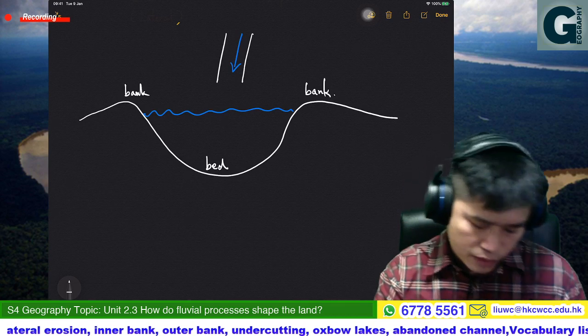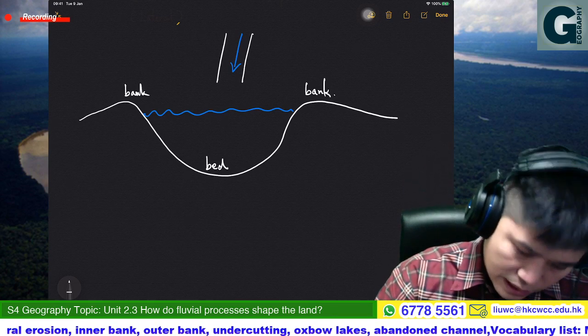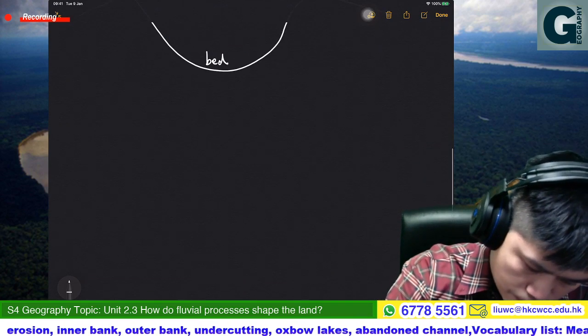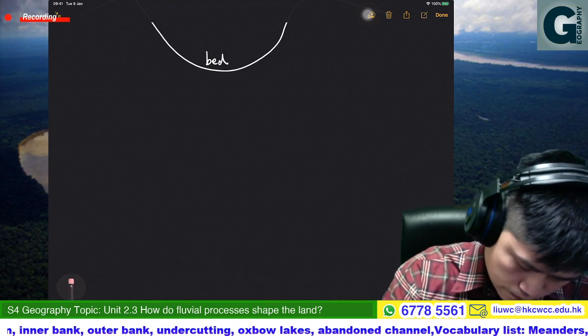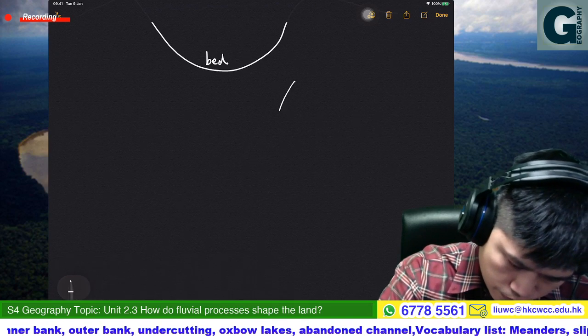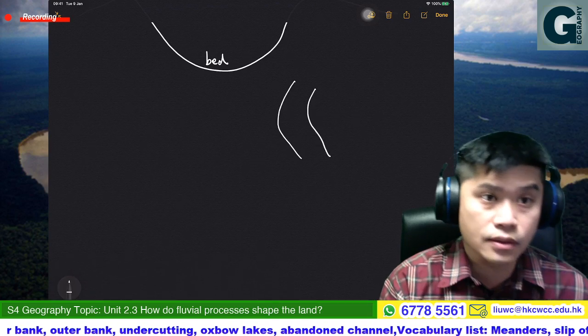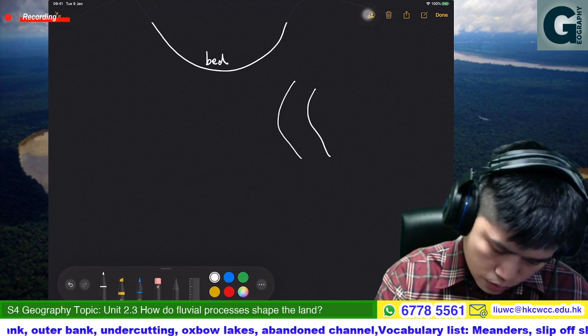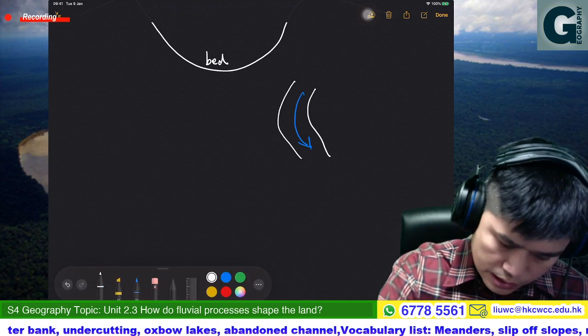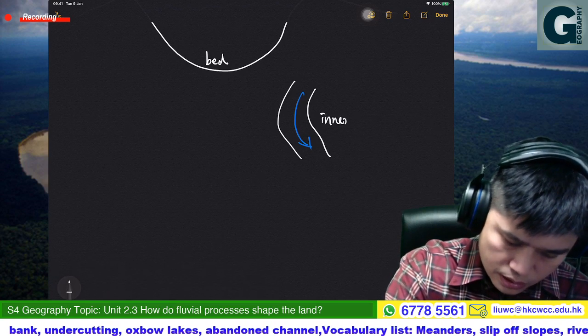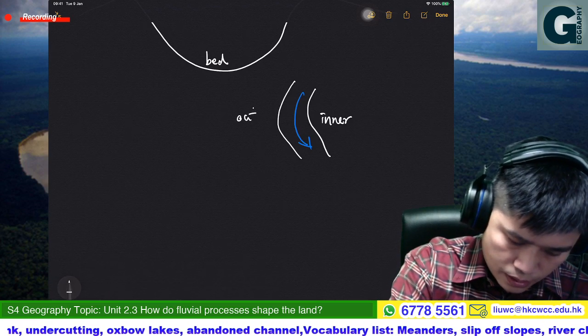But if the river bends, if the river flowed like this, we can identify here the inner bank and also the outer bank.